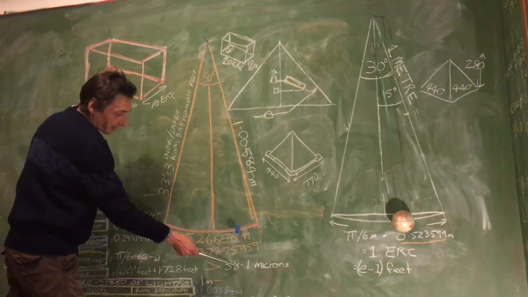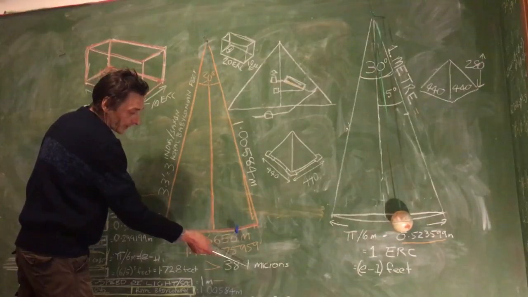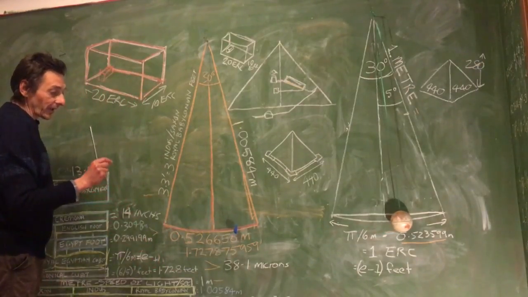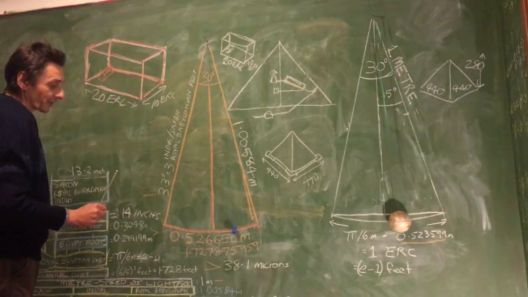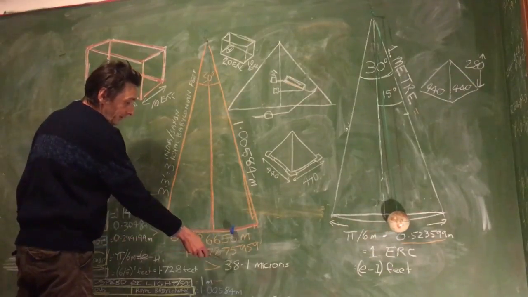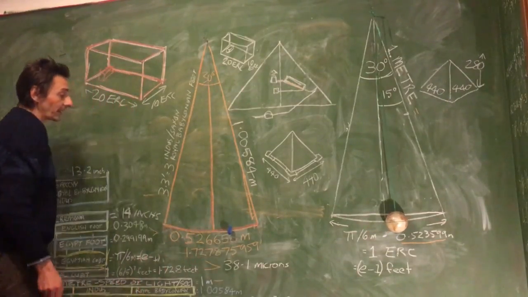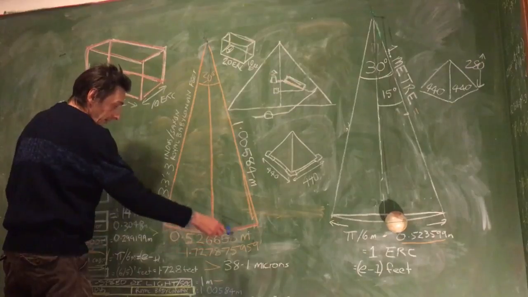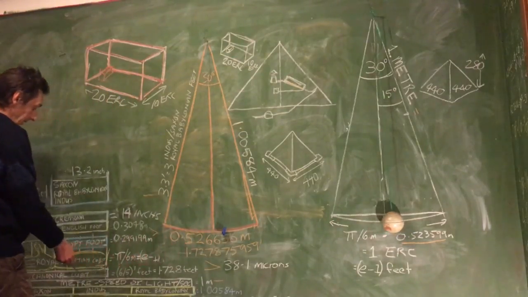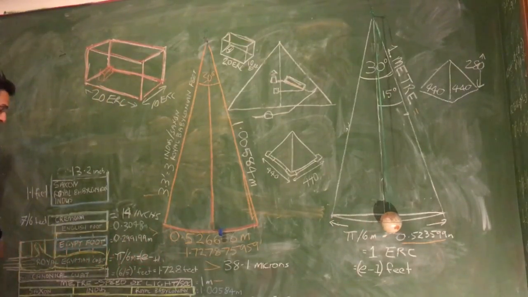The difference between them is 38.1 microns. A human hair ranges from 40 to 120 microns. It's less than a human hair difference between this portion of arc and the canonical cubit, which John Michell and Robin Heath have mentioned.